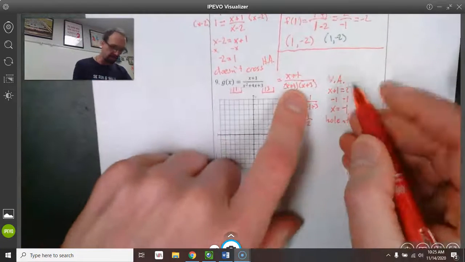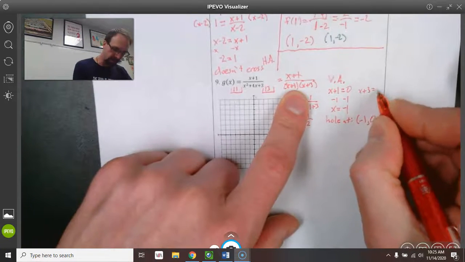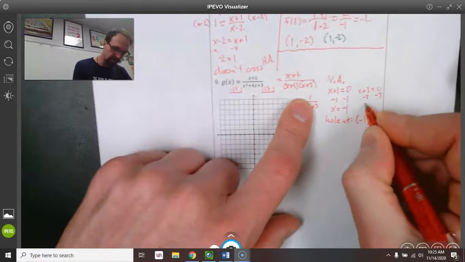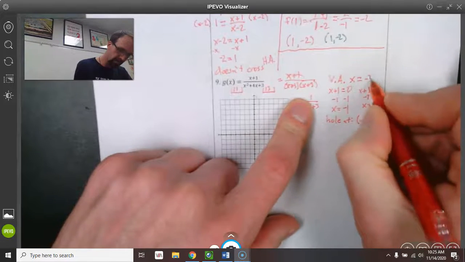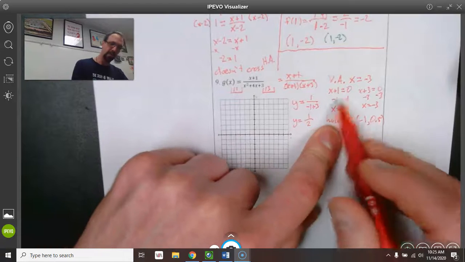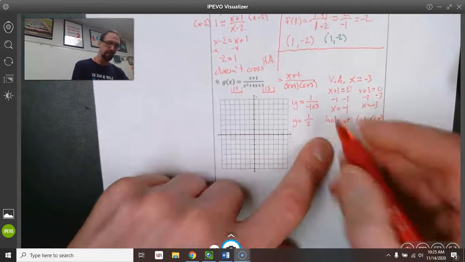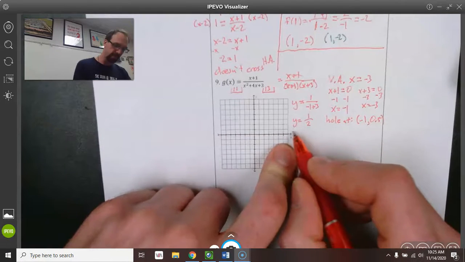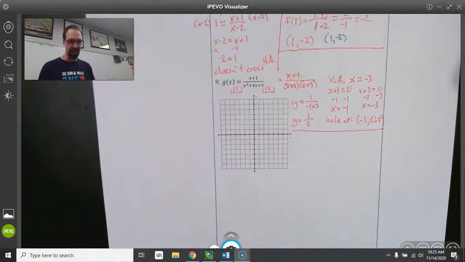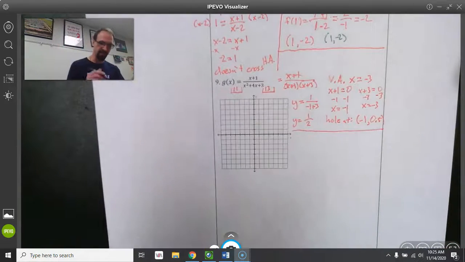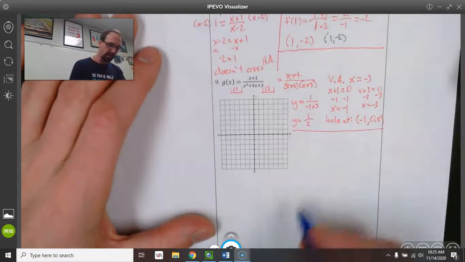And then my other vertical asymptote, if I set x plus 3 equal to 0 and then solve, I get x equals -3. So I have x equals -3 as one part of my vertical asymptote, and then the other is a hole at -1, 0.5. Again, I'm going to do this in a different color, my asymptotes.